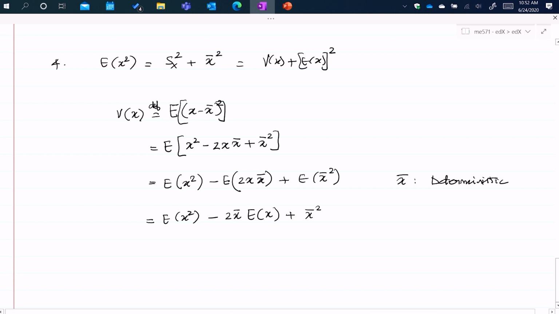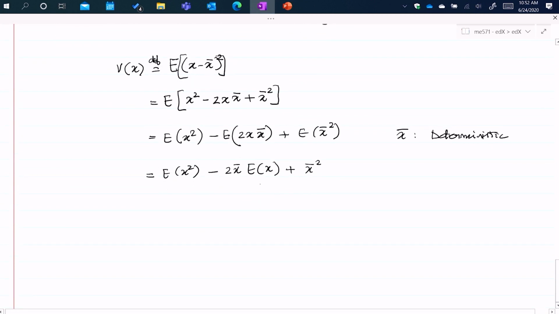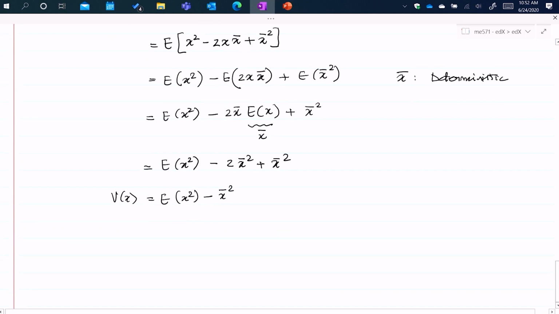Now this quantity is x bar, so this is expected value of x squared minus 2 x bar squared plus x bar squared, and therefore the variance of x is expected value of x squared minus x bar squared, and that in turn gives us the relationship that we seek, which is expected value of x squared is variance of x plus x bar squared.